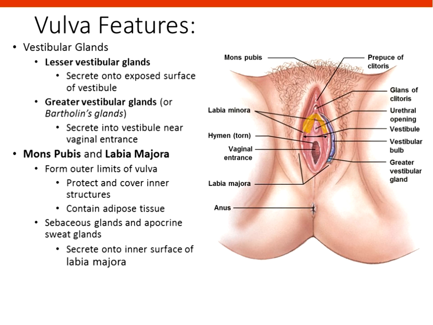Again, the vestibular bulb is somewhat like the corpus spongiosum around the urethra, and it's erectile tissue that gets stimulated with the clitoris and with other stimulations sexually.